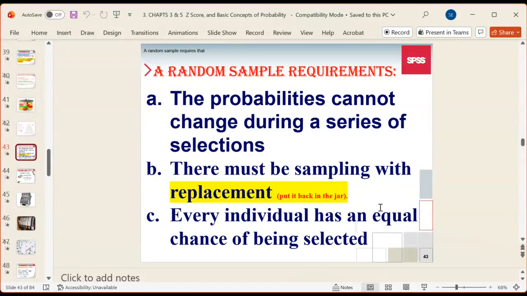That's what I just described: put it back in the jar. If I take a sample of students, it goes back into the population for the next person and the next person. Every individual has an equal chance of being selected. So that's the requirement for random sampling.